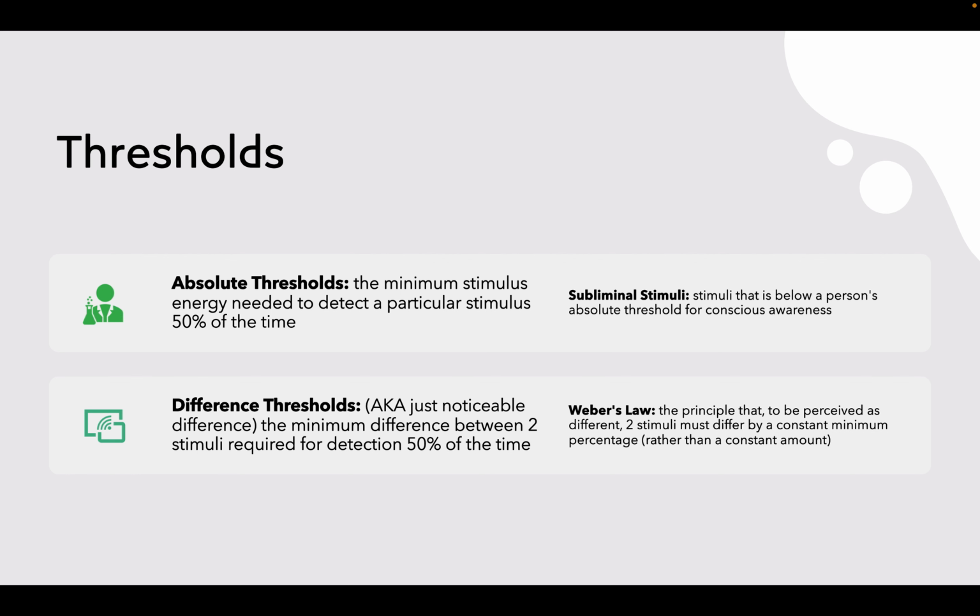And so even though they did not consciously perceive these images of the kitten or the werewolf, it was impacting how they would respond to the image that they did consciously perceive. So this is what's known as priming.